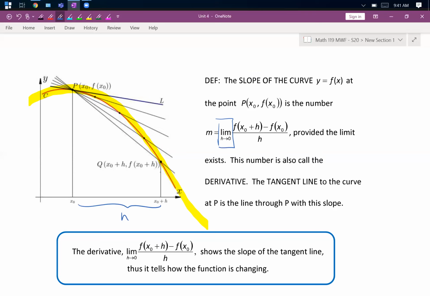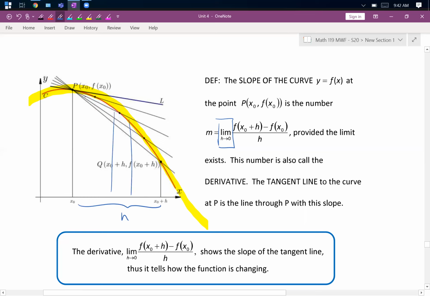So it started here, and we had a certain secant line. Now I'm going to make my h value smaller, and now h is only going to be this far, and we get a different secant line.